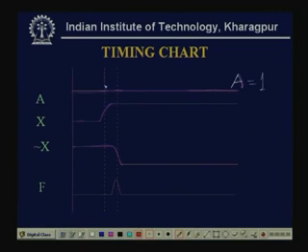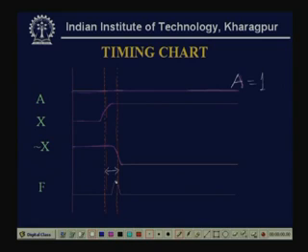So, this is the time it will be taking for this transition, to make the X inverted or the output of the inverter to be stable.